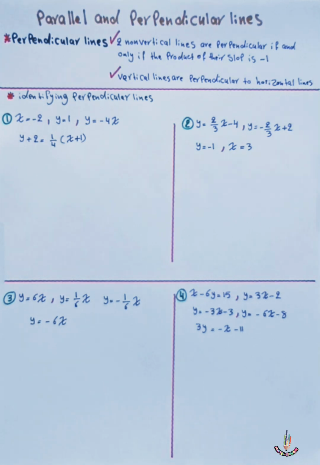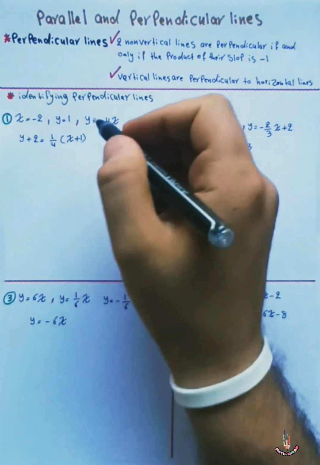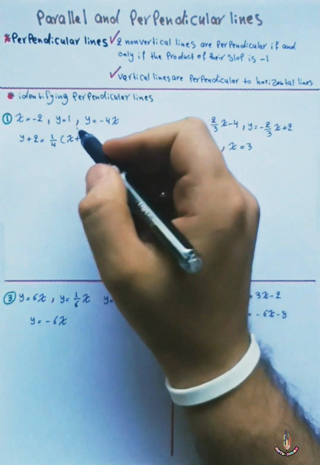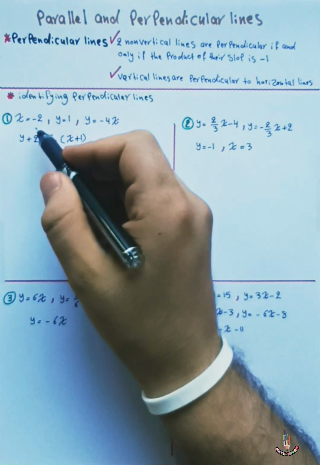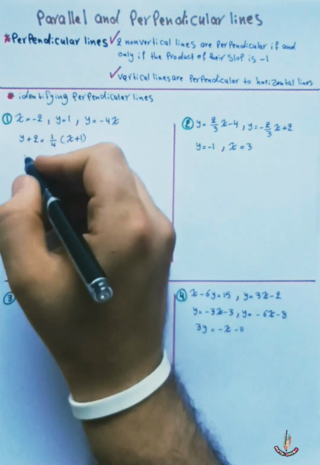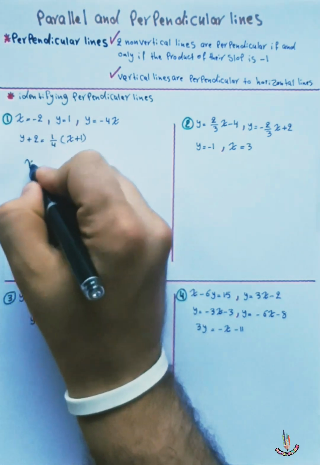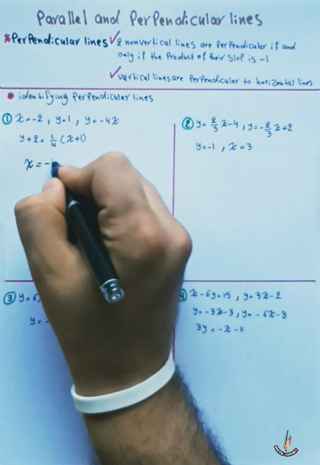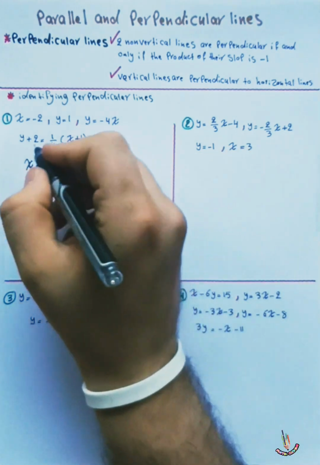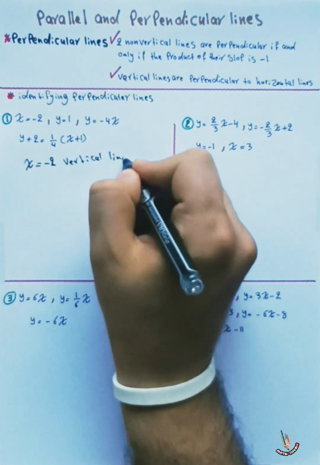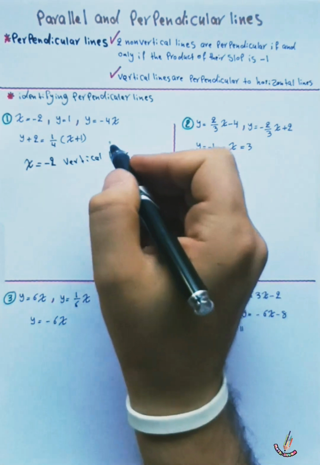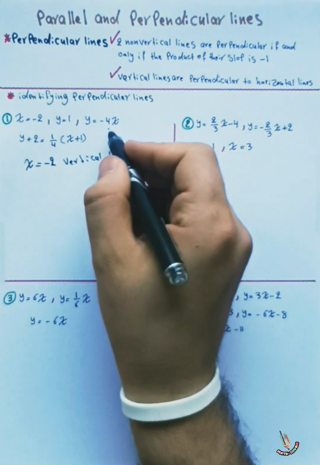Example number 1, you have these 4 lines. So x is equal to negative 1. This line is a vertical line, so x is equal to negative 1. Sorry, negative 2. This line is a vertical line. And then y is equal to 1.